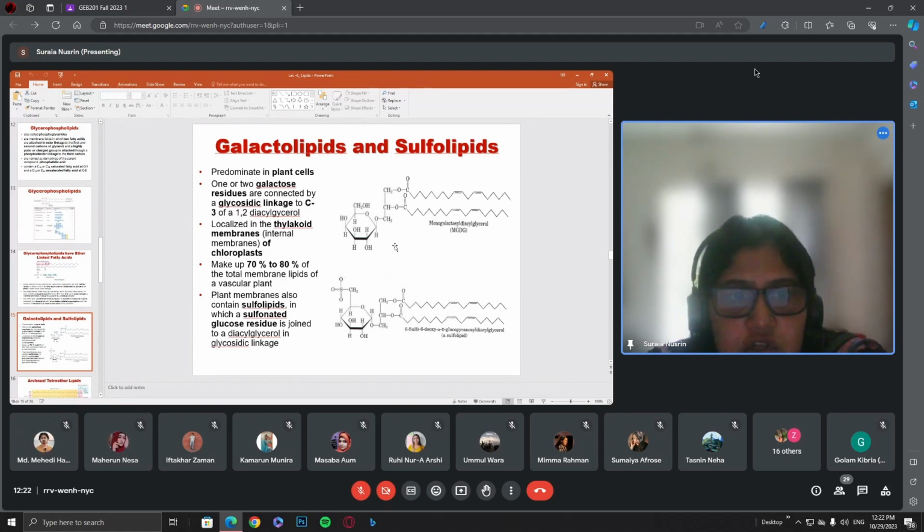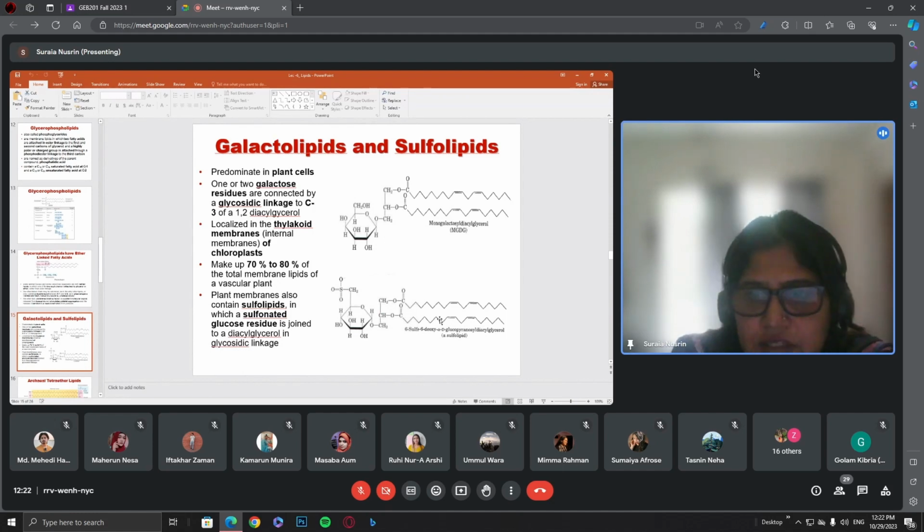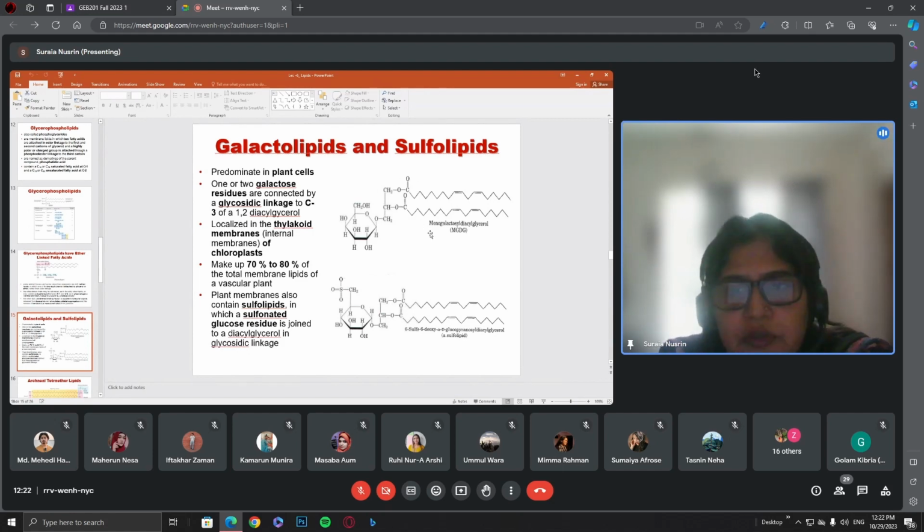If you look at the structure, the glycerol is the alcohol, and carbons number 1 and 2 of the glycerol are linked to two fatty acids by ester linkage, and carbon number 3 of the glycerol is linked to a sugar, here particularly galactose, by glycosidic bond.